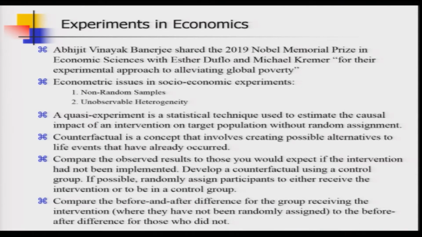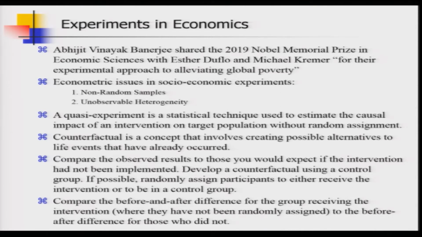In the quasi experiment method and in the experimental method, there is one terminology that you will come across again and again, and that is called counterfactual. At this juncture we must have a very good idea about the counterfactual. It is a concept that involves creating possible alternatives to life events that have already occurred.